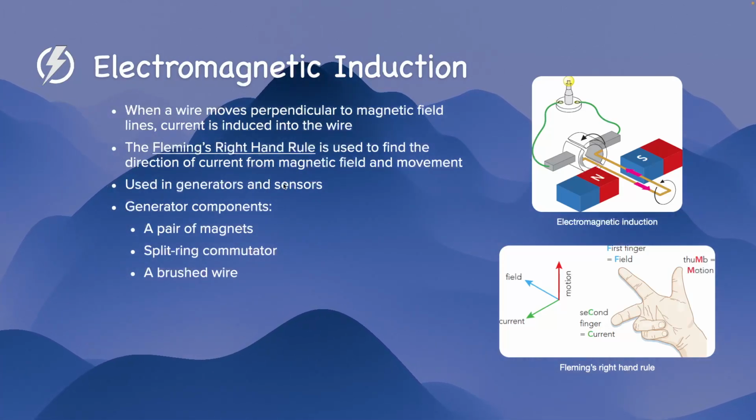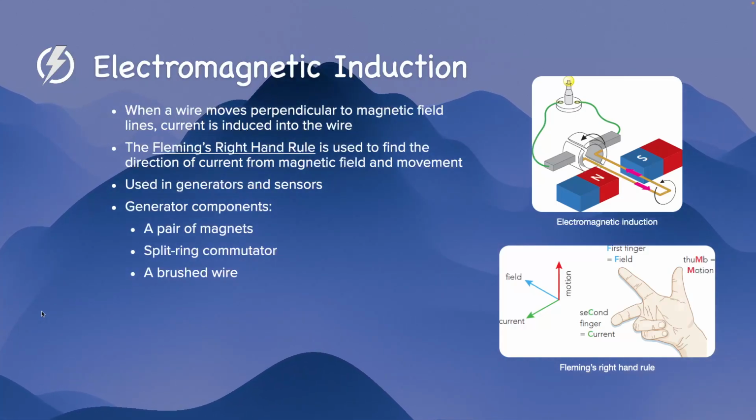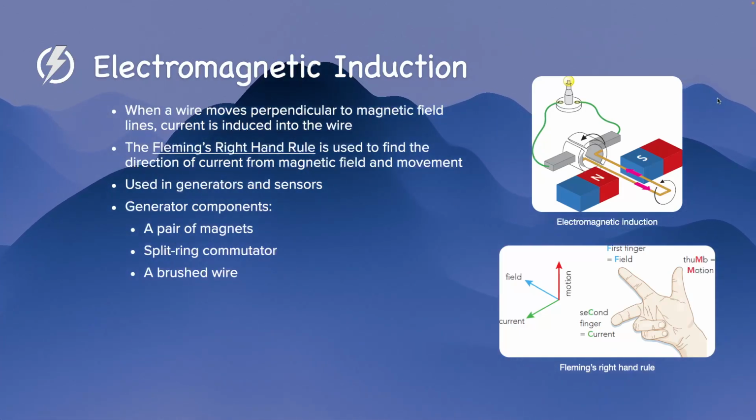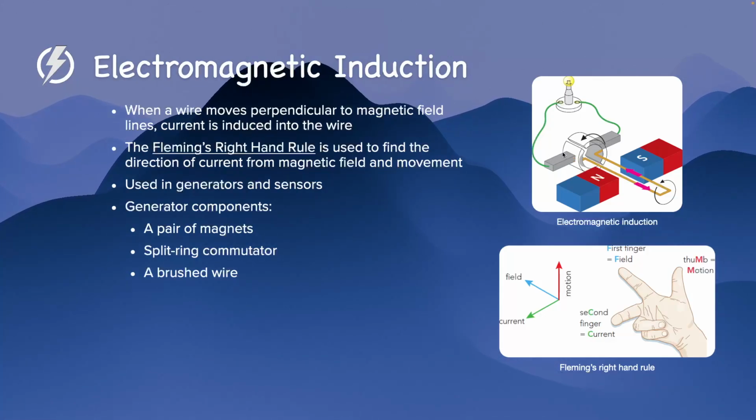They're also used in sensors to detect movement and stuff. They're also found using a similar circuit to those in electric motors. To create a generator, you need a pair of magnets, as in this diagram, and a brushed wire that would touch this split ring commutator. And you can attach your components to these ends of the split ring.